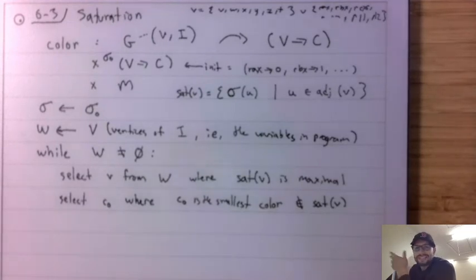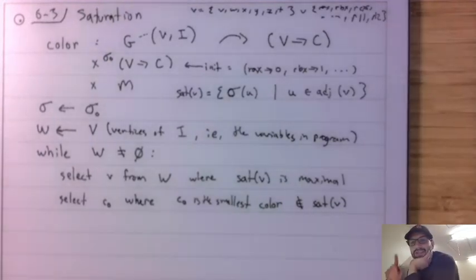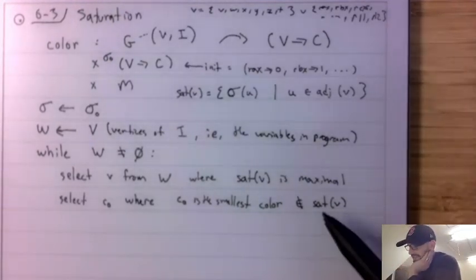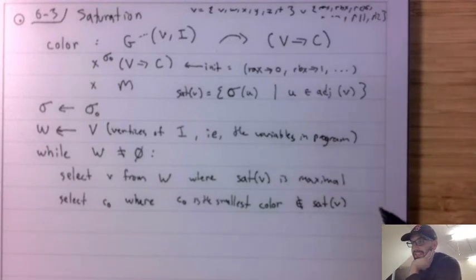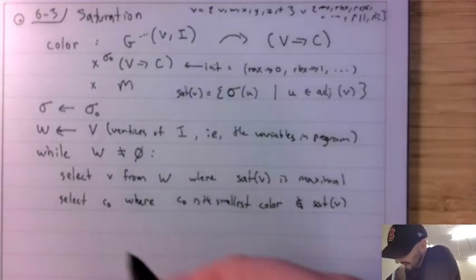Now, in practice, how do you do this? Basically, you just look at the number 0 and ask, is 0 in the saturation? If it is, then you go to 1. If it isn't, then you choose 0. Okay, but now how do we introduce the move biasing?